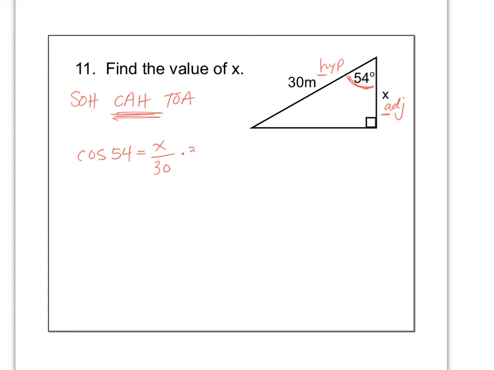Multiply both sides by 30. Then type it in your calculator. 30 cosine 54. You should get 17.63, and we can label that meters.